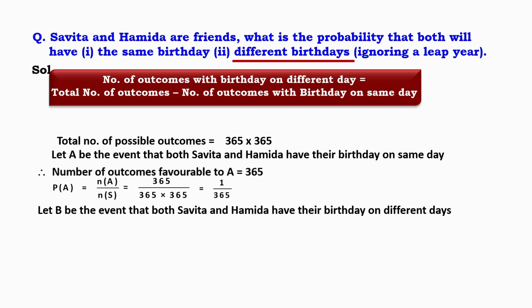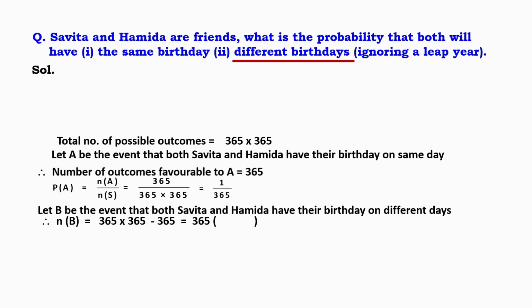We already got how many outcomes are there for the same day. So N(B) is equal to 365 into 365 minus 365. We can take 365 common, then that is 365 into 365 minus 1, which is equal to 365 into 364. So the number of outcomes favorable to B is 365 into 364.